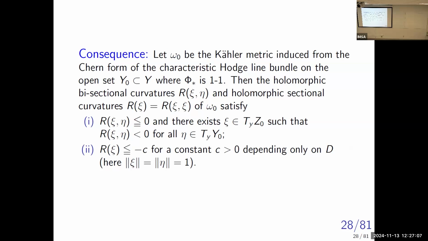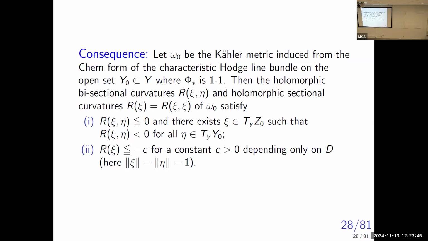So the next property that the curvature has is that the holomorphic sectional curvatures are negative, bounded from above. So it's somehow a negatively curved object, this parameter space. And the bisectional curvature is less than or equal to 0, and on a Zariski open set in pairs of tangent vectors, it's strictly negative.